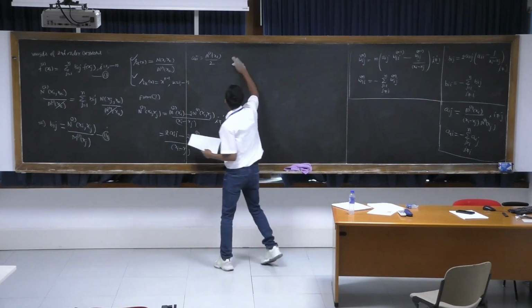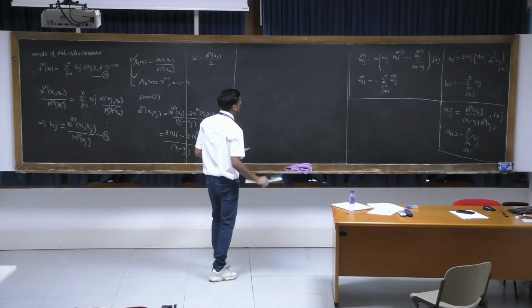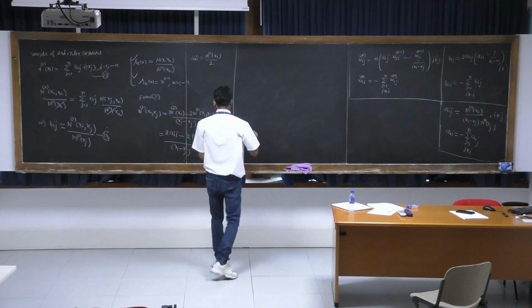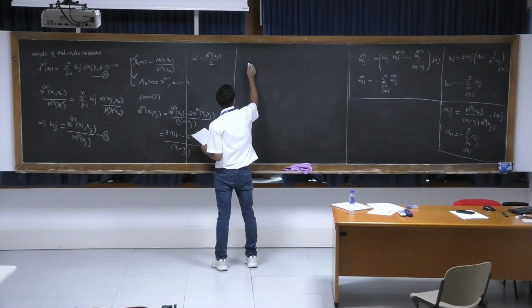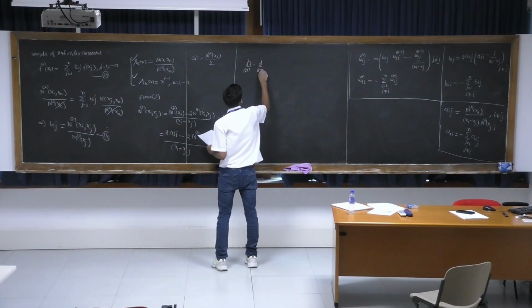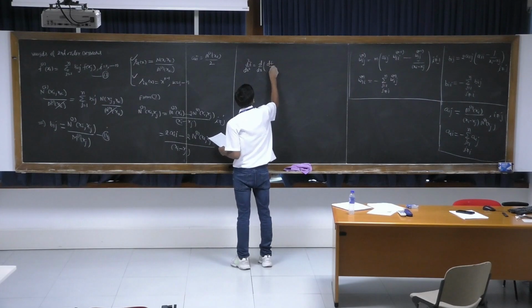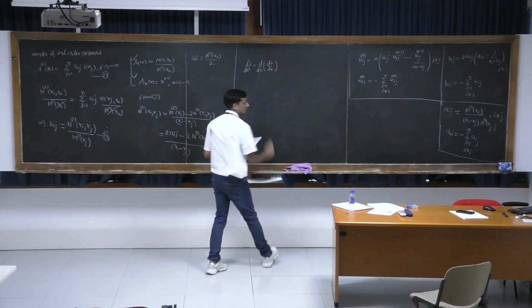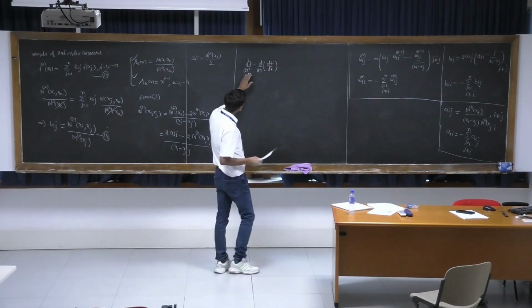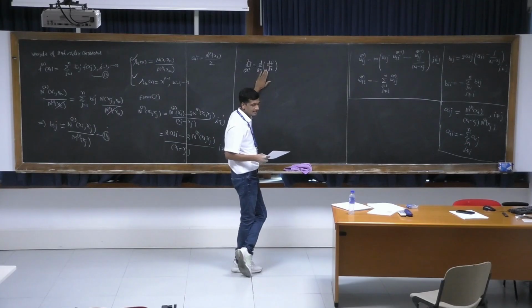How? If you have the weights of first order and you have to find the second order weights, we know that the second derivative can be written as d/dx of df/dx. Understand? This second derivative we can write like this.